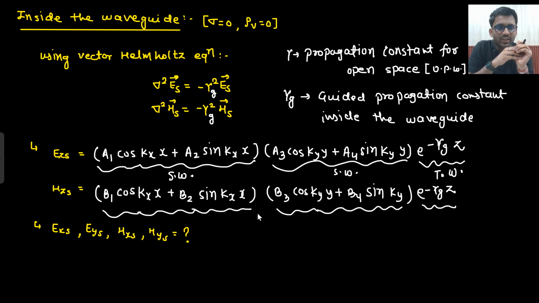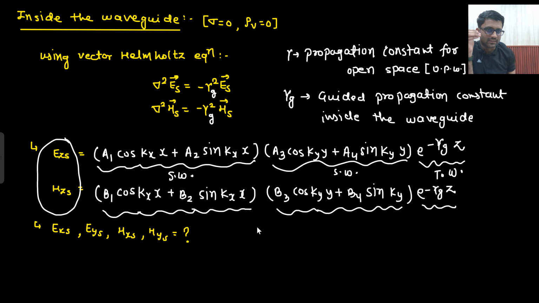Now we need to find out the expressions of EXS, EYS, HXS, and HYS, and those will be derived using Maxwell's equations only. But how those expressions are derived is of absolutely no use. Eventually you need to remember the expressions, and now I will tell you how to remember them.